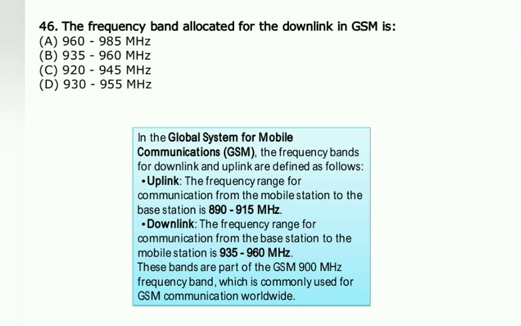In GSM, the global system for mobile communications, the frequency bands allocated for uplink, that is if you want to upload something, is 890 to 915 MHz. And the downlink, that is if you want to download something from the base station to the mobile station, is 935 to 960 MHz. So the downloading capacity will always be greater than the uploading capacity.